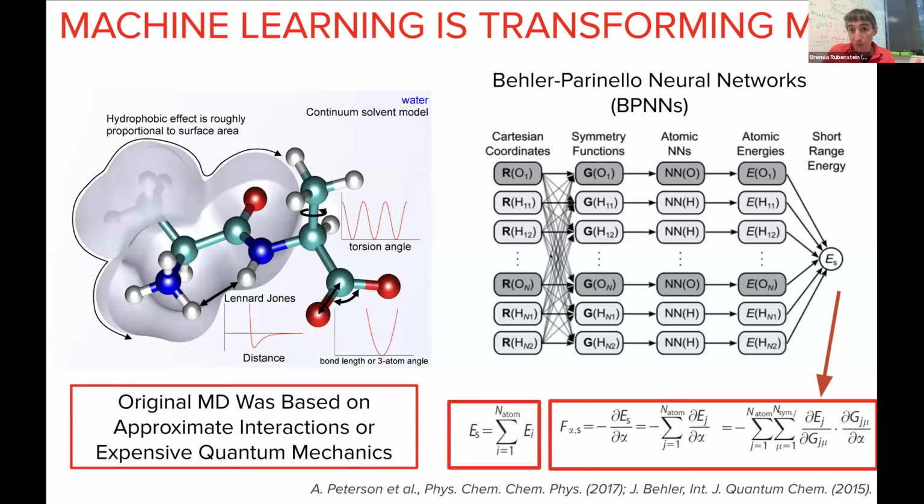So one of the first examples of this were the Behler-Parrinello neural networks, a very old version of machine learning, where what people would do is they would take in different molecular coordinates, so the positions of, let's say, oxygens and hydrogens in water. They would apply symmetry functions and then have neural networks essentially learn the energies of these different kinds of atoms.